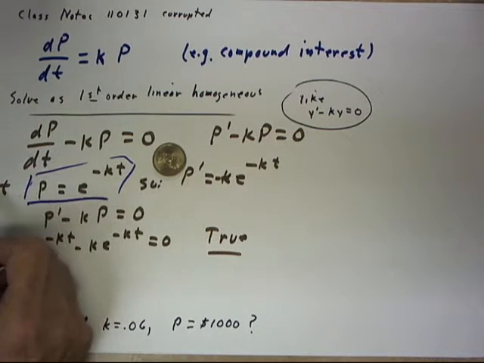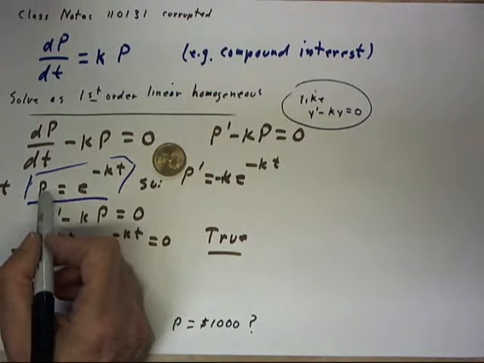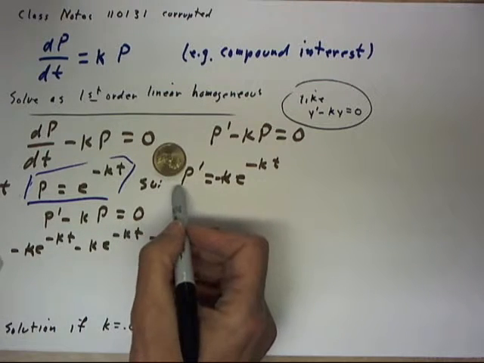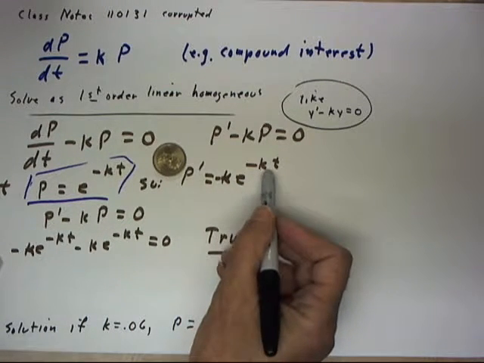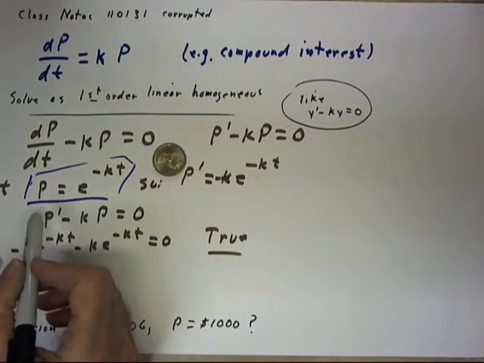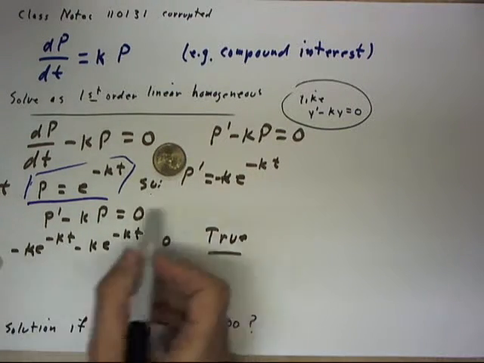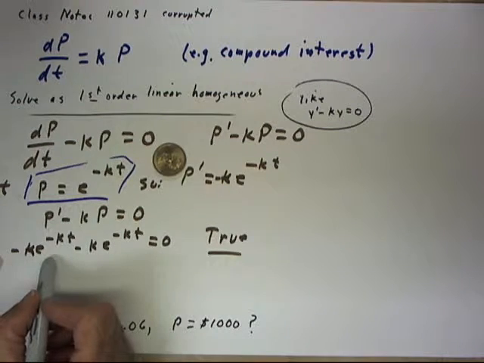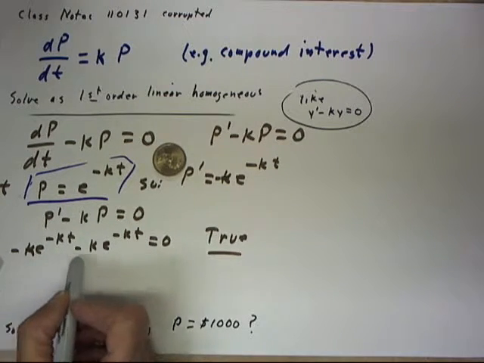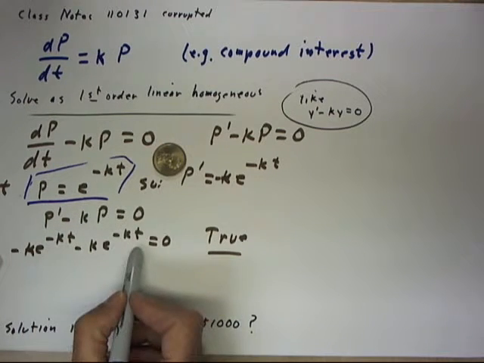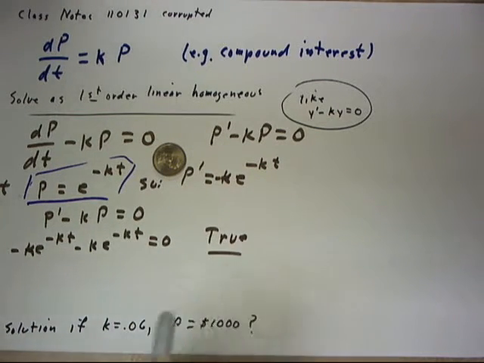In any case, we solve this problem by first letting P equal e to the negative kt, so that P prime is negative k e to the negative kt. And our equation P prime minus kP equals 0 becomes negative k e to the negative kt minus k e to the negative kt equals 0, and this is true.